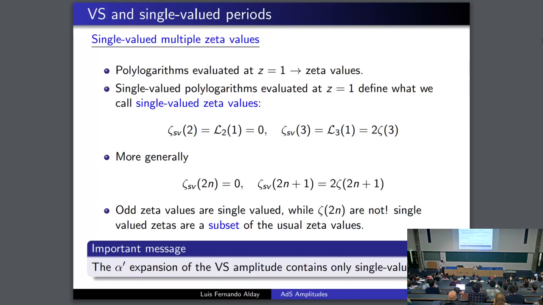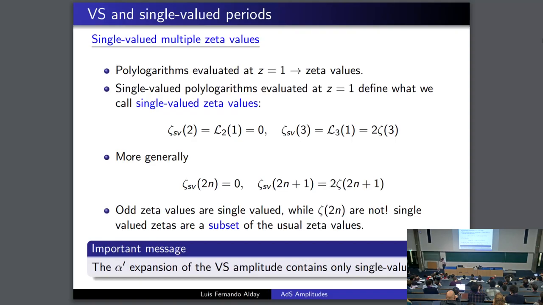But if you try to define a single-valued version of zeta 3, you get twice zeta 3. Okay? And more generally, if you try to define a single-valued version of the even ones, you always get 0. But if you define a single-valued one of the odd ones, you get twice the usual zeta values.